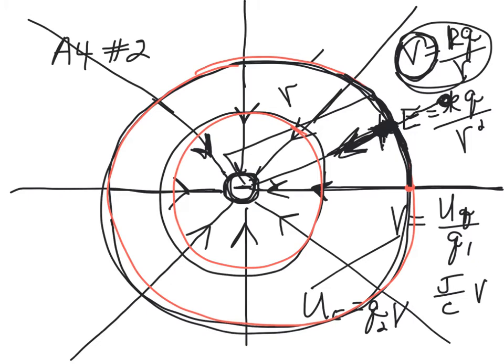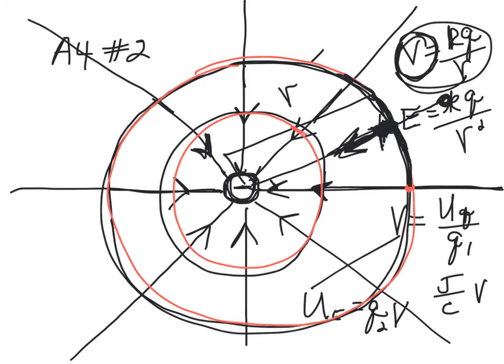This is sort of beyond what I expect you to know, but it is true that the rate at which the lines increase or decrease will give you information about the magnitude of the field. So if the field is strong, the potential is going to go up or down very quickly. And a tangent drawn to a red line is not the direction of the field. The direction of the field is perpendicular to the red line.